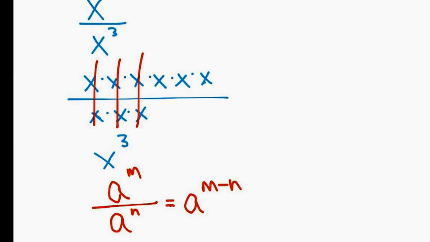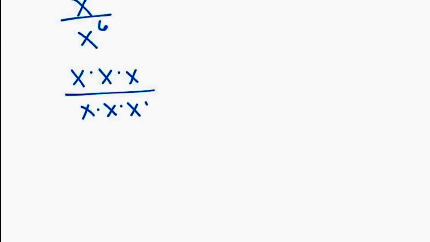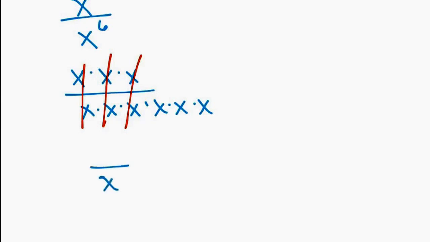Well, let's see what happens when I flip those. Instead, let's see what happens when I do x to the 3rd over x to the 6th. I'm going to attack the problem the same way. There are 3 x's on top and 6 on the bottom. And then I'm going to cancel. And when I'm done canceling, I'm left with 3 x's on the bottom, but the question is, what am I left with on top?